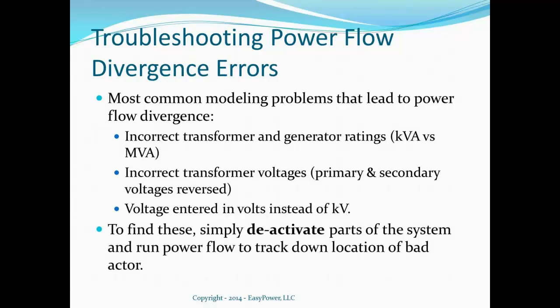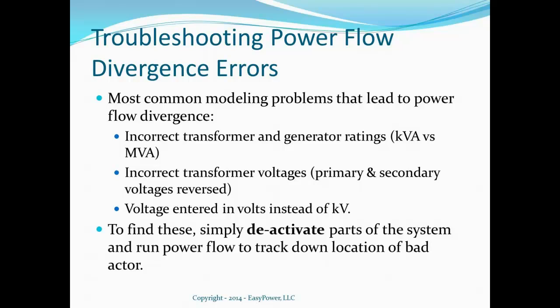Also, if you have the primary and secondary voltages reversed on the transformer, that can create problems in power flow, as well as other things, but certainly in power flow. Voltages entered in volts instead of kV, that's a real common problem when people are just getting started with EasyPower. All the voltages must be entered in kV. So you want to check those things.